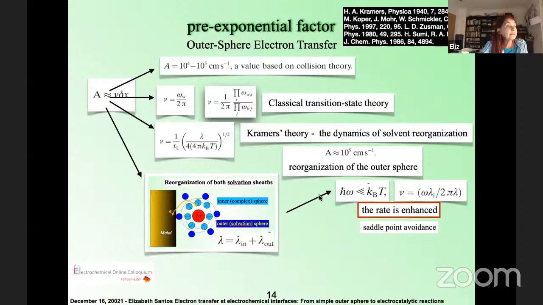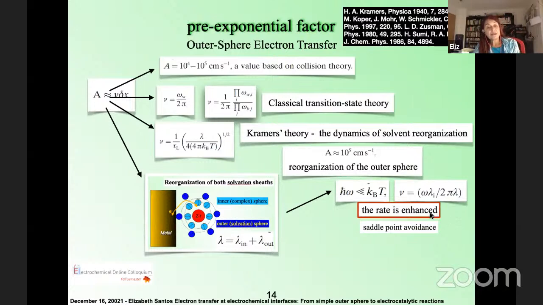And depending on the frequencies, in the classical limit, where this is much smaller than the thermal energy, we see that because the reorganization is faster in the inner sphere, the rate can be enhanced.